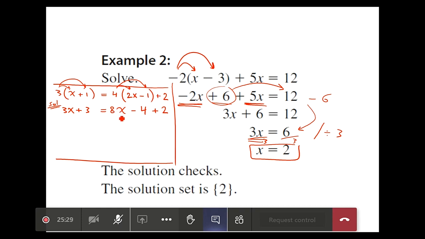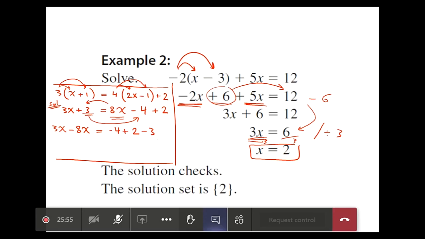We must move any terms in x to the left hand side and any number to the right hand side. So we have 3x minus 8x equals negative 4 plus 2 negative 3.